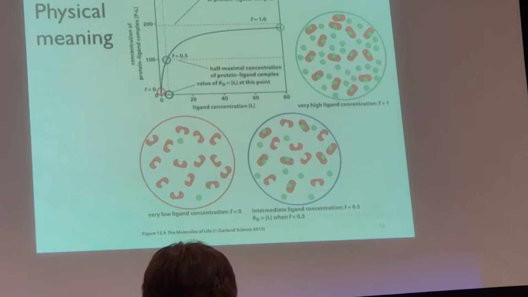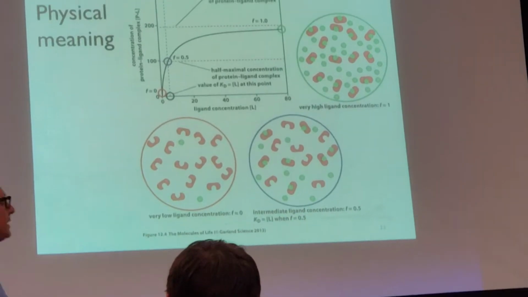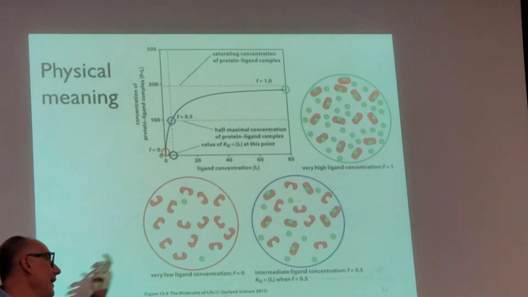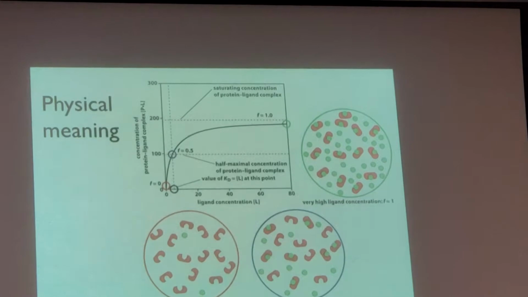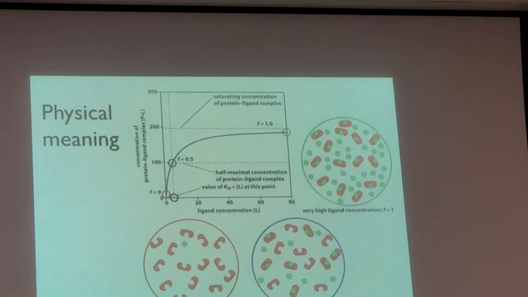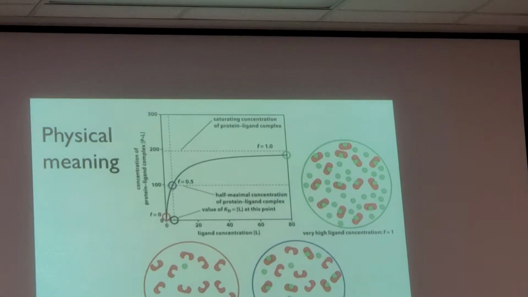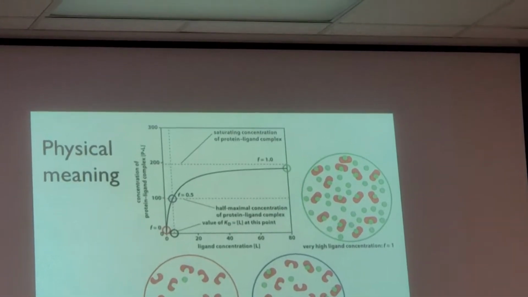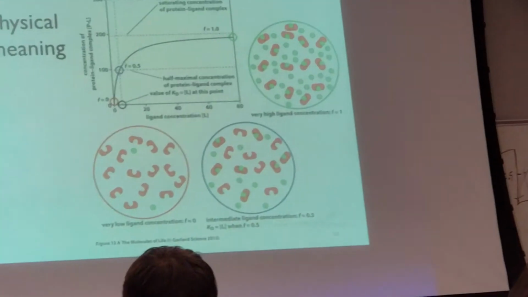So here's the ultimate definition. Here's my protein in solution. If I'm well below the dissociation constant in terms of my ligand concentration, none of my protein will be bound. If I go to infinity, everything is going to be saturated, and my F is going to be equal to 1.